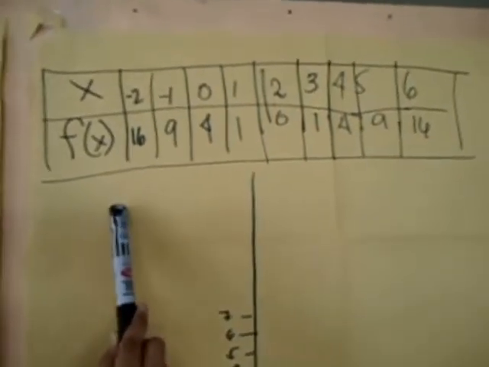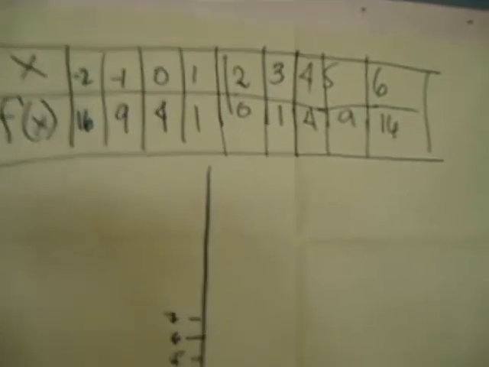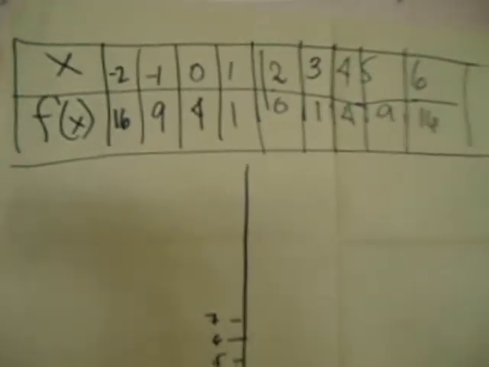For the y, we have +16, +9, +4, +1, 0, +1, +4, +9, and +16.